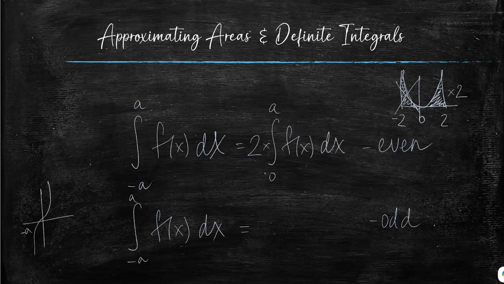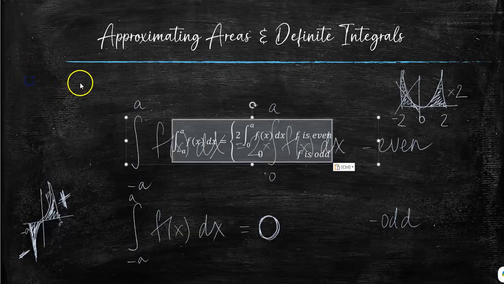What's going to happen? Well, you can see same thing. According to the symmetry, this geometric area will be the same as this geometric area, but guess what? This net area will be exactly the opposite of this net area. So whatever you have here with plus, you're going to have here with minus, so everything will cancel and the answer will be 0.